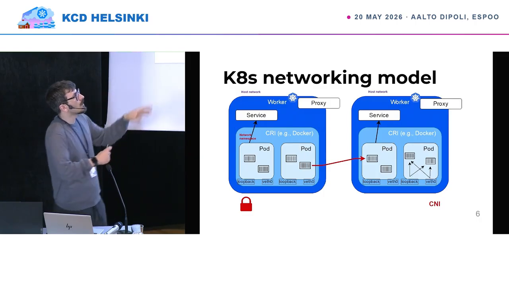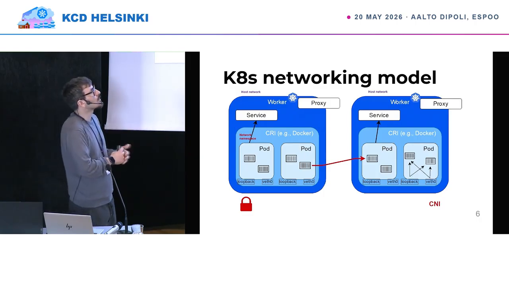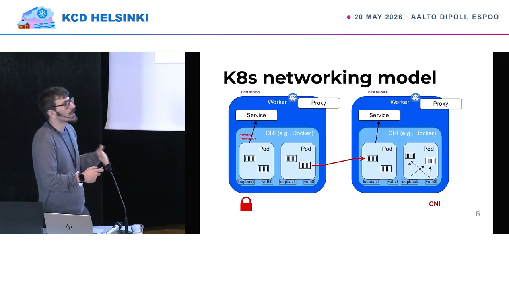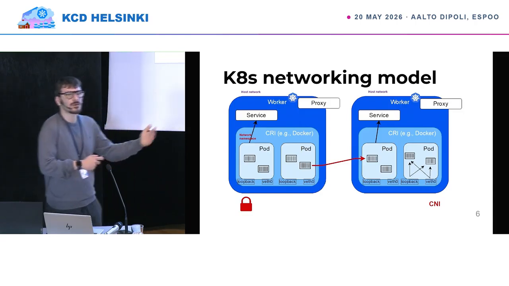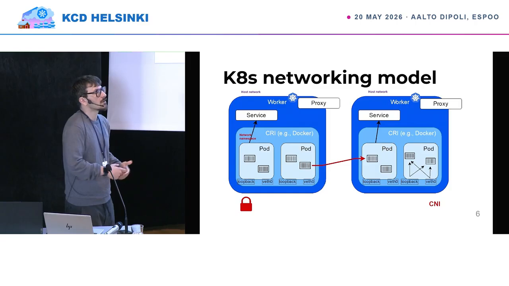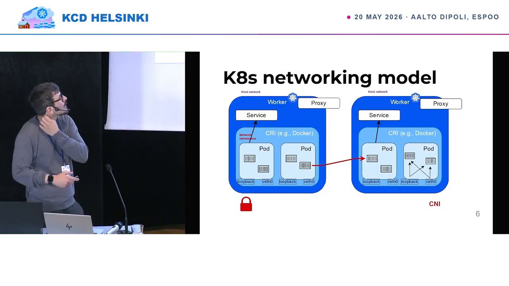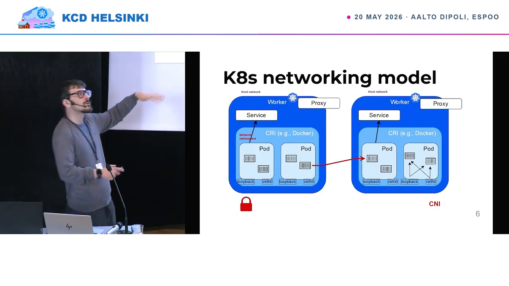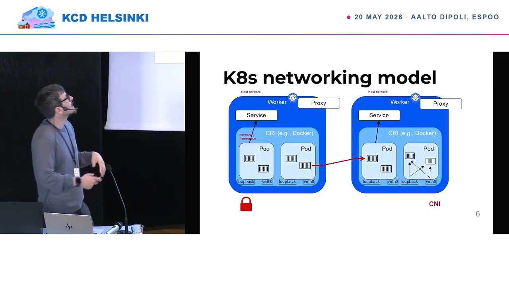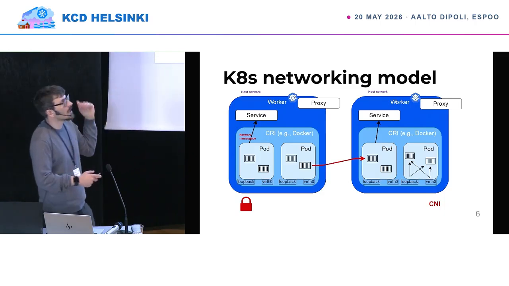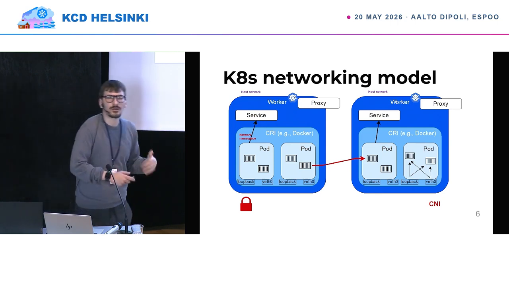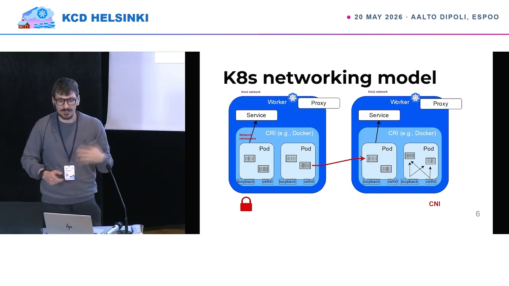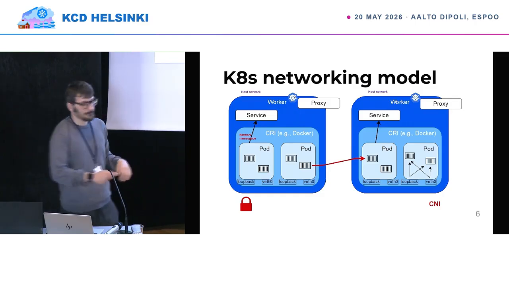Creation and deletion of containers within the pods is handled by the so-called container runtime interface. That could be Docker or, I don't know, Podman, whatever. And the communication between those pods and also between higher entities like services is done by using another interface, which is called the CNI, the Container Network Interface, that is essentially responsible for allowing or denying connectivity.